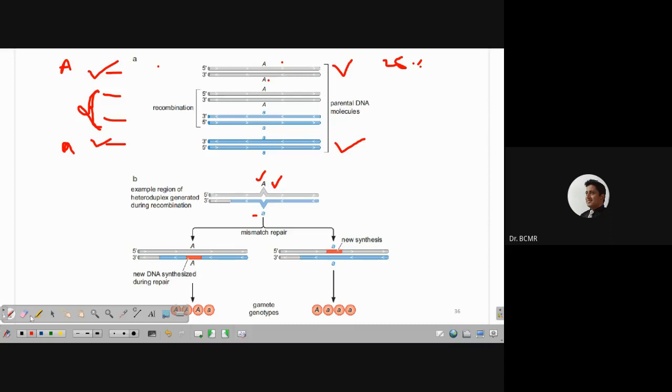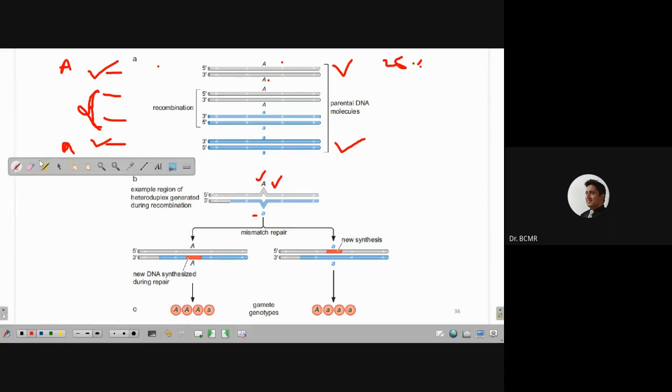So in that situation, there is a probability of the capital A being repaired, or an equal probability of small a being repaired. If the small a is repaired and the capital A information is copied downwards, what will you get? You have capital A and small a, those are non-recombinants.